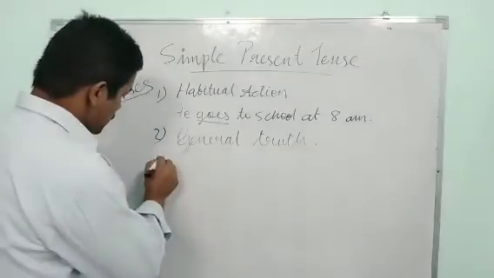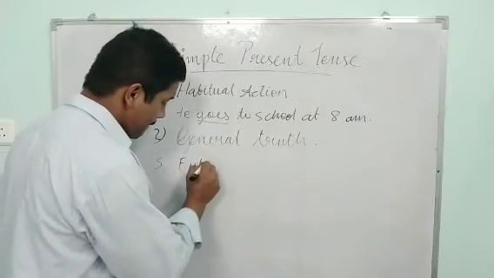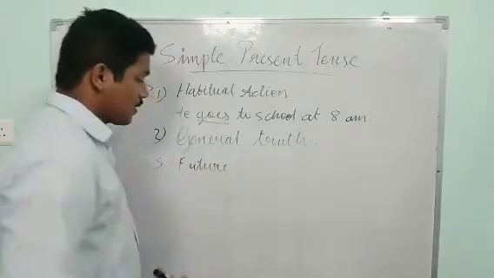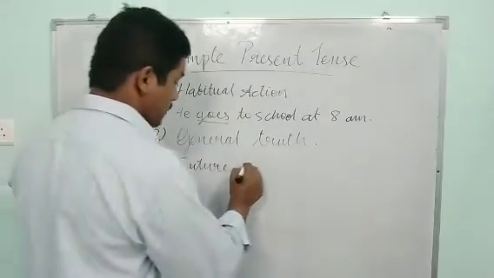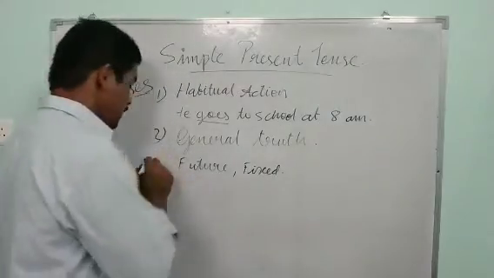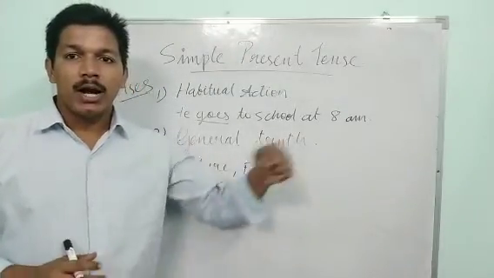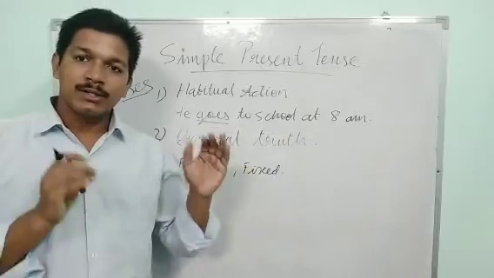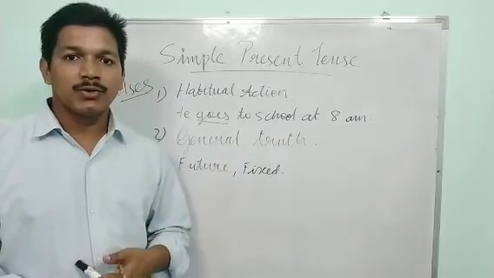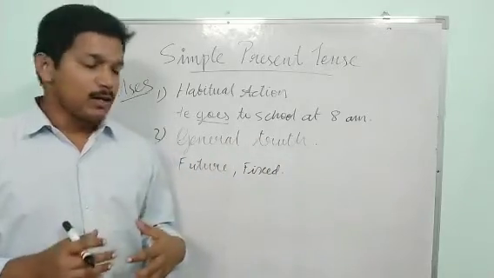Then another usage is for the future, which we can say is fixed, like programs which are fixed. The Prime Minister arrives in Ayodhya. Tomorrow, if the Prime Minister is going to arrive, we can say that the Prime Minister arrives in Ayodhya.